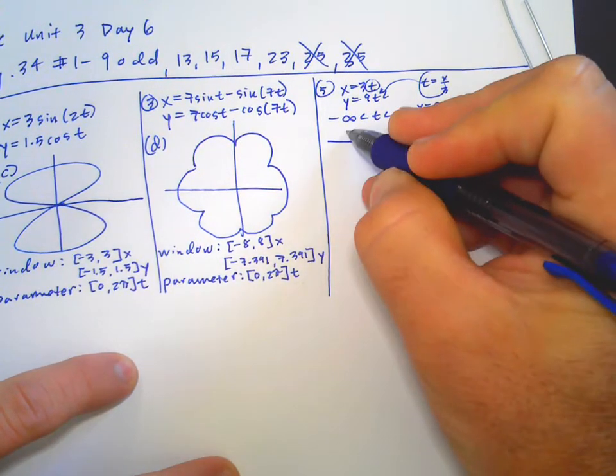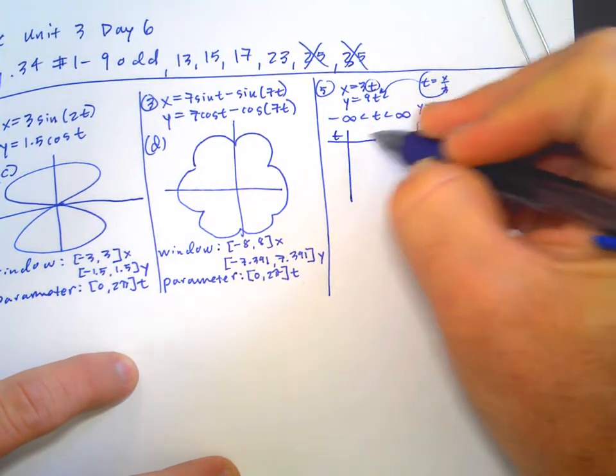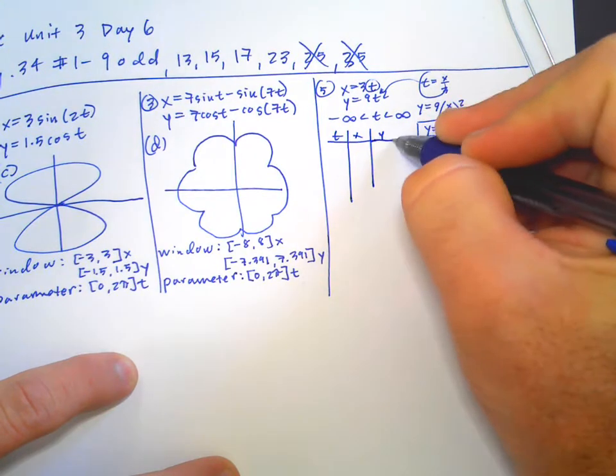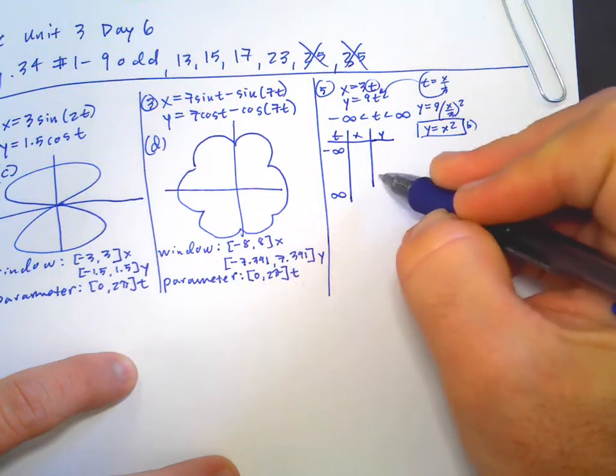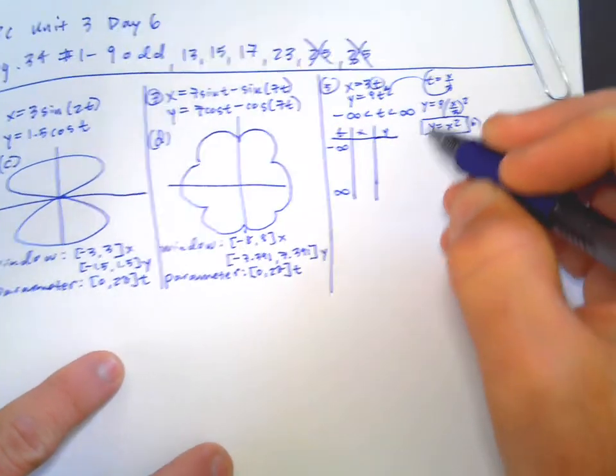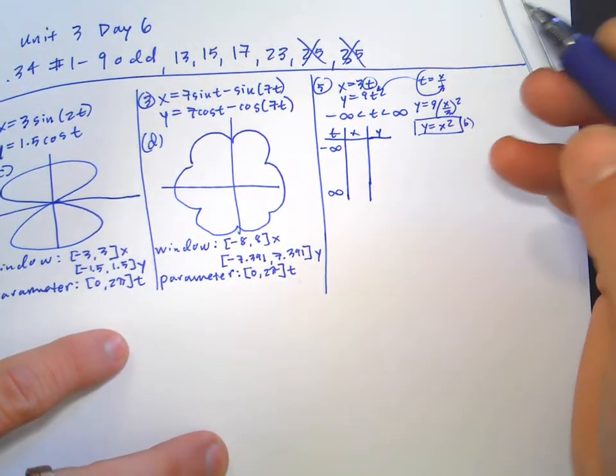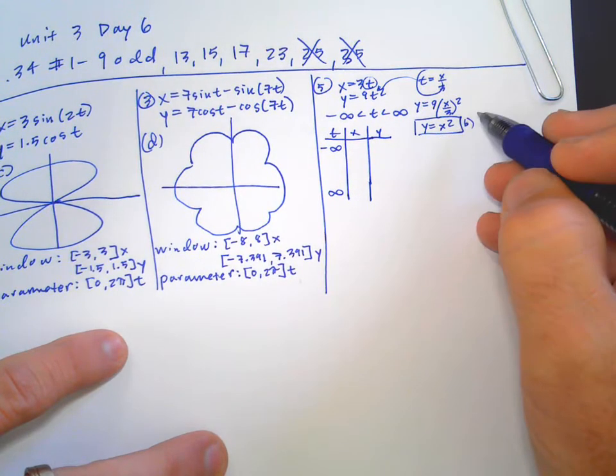And we're going to make a table: t, x, y. Now this goes -infinity to infinity, so probably not going to have initial and terminal points because the graph probably goes on forever. Probably going to get the whole parabola.